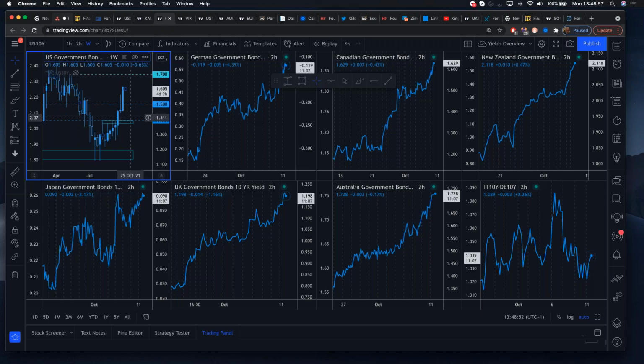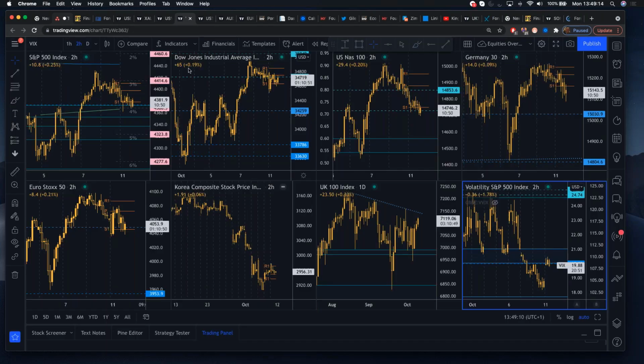Looking at the 10-year yield, you see the way that bond yields are moving a lot higher. Now, this is moving higher for bad reasons. It's inflation fears. The market's concerned that high inflation is going to get central banks to raise interest rates quickly. Now if those yields rise too quickly, then stocks could be moving sharply lower.